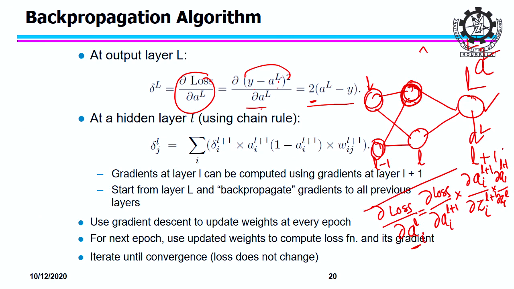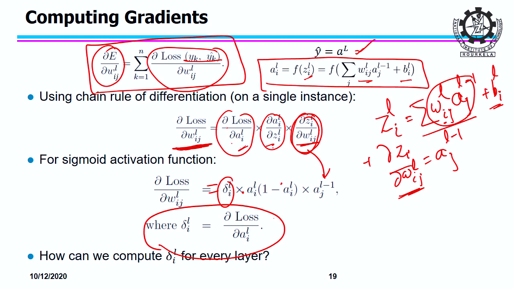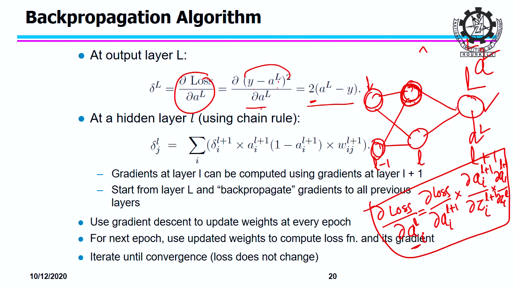So, now I have to compute this part here. This one we have already computed, because in the earlier case, if you go back, we computed del A_i^L with respect to Z_i^L. If you put L plus 1, it will be the same thing here.